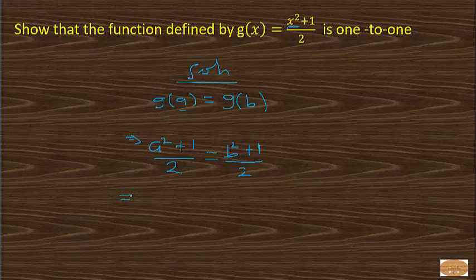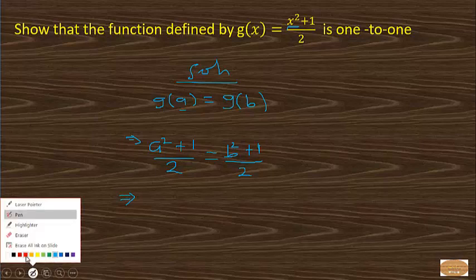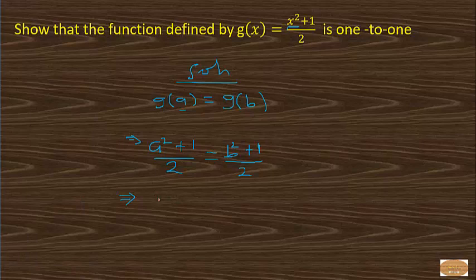So cross multiplication. Alright, so the 2 will multiply this one, a squared plus 1, and then 2 times b squared plus 1.